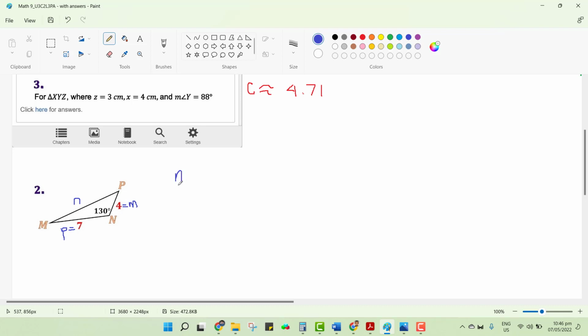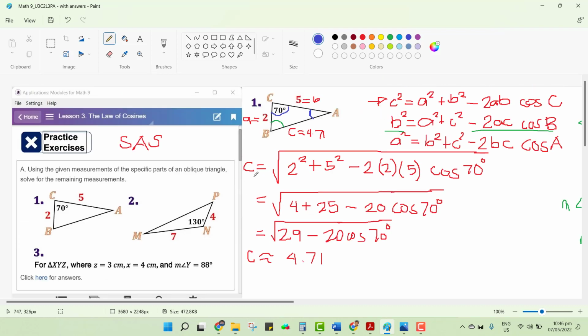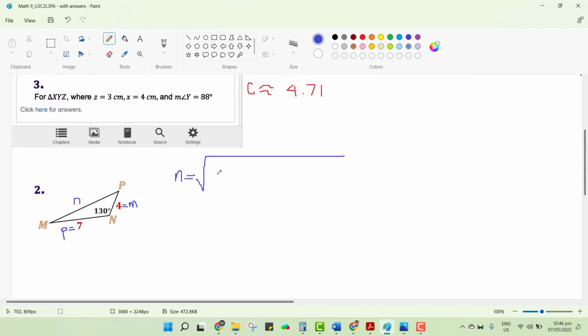So n is equal to the square root of 7 squared plus 4 squared less 2 times the product of 7 and 4 cosine 130 degrees.